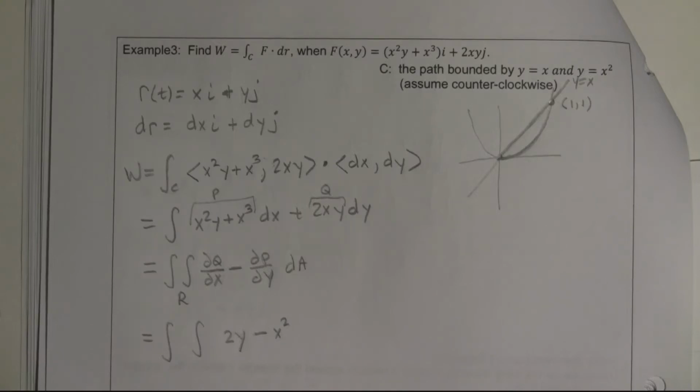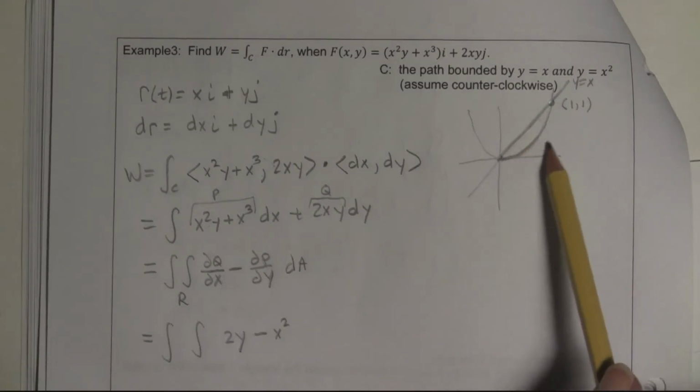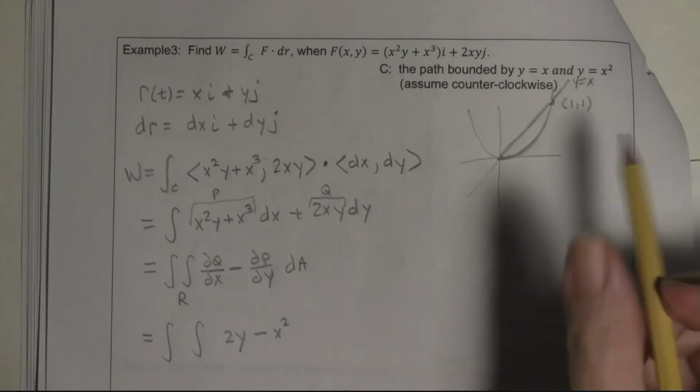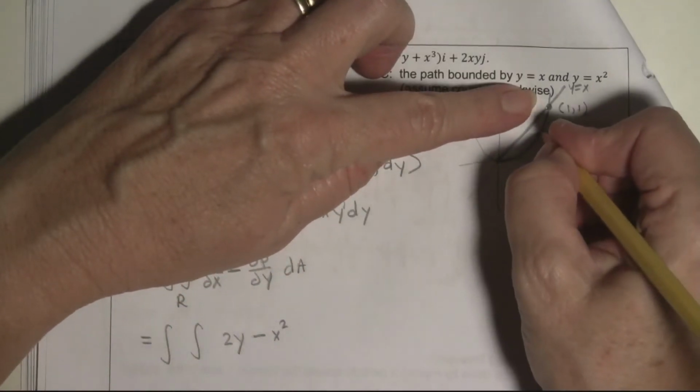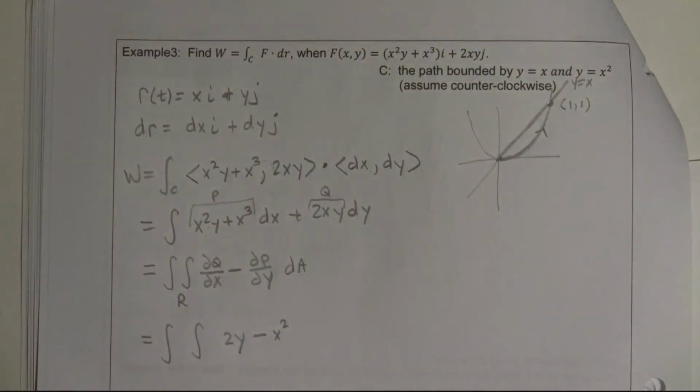Now I'm going to get my bounds going. I have my lovely picture over here, and I know it said counterclockwise, but maybe I'll put a little arrow on there. I have to decide, do I want to do dx or do I want to do dy?